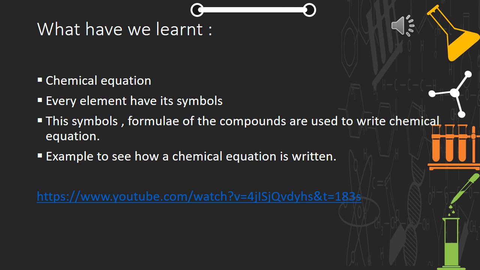You can just go through it. Also, we have seen that these symbols and formulas of compounds are used to make chemical equations. And lastly, we have seen examples of chemical reactions, where we actually saw how the chemical equation is written for that particular reaction, right?